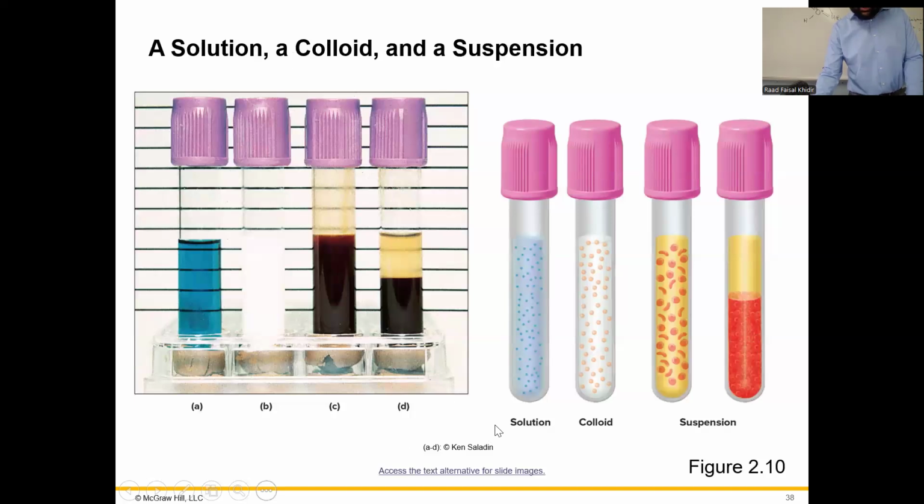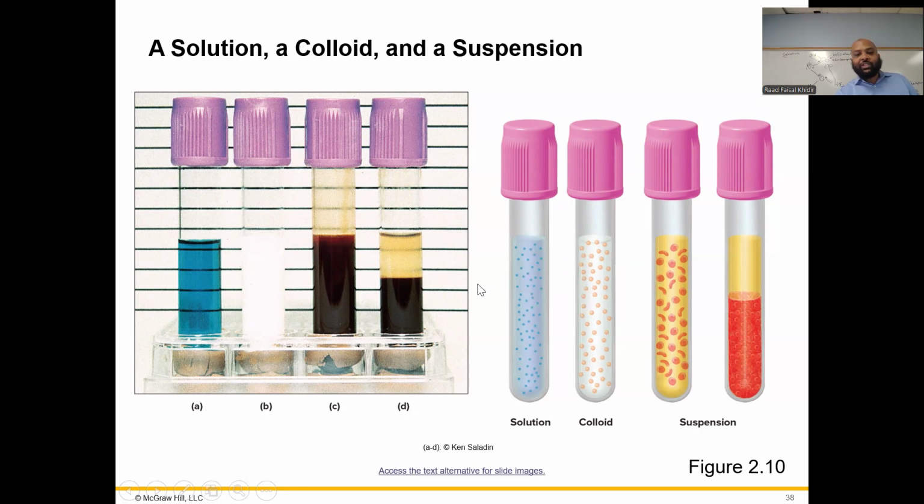So that shows us a solution, a colloid, and a suspension. That's a solution. The particles are really small in a solution with water. So in solutions, most of the time, we deal with water. While a colloid usually has water with a protein.